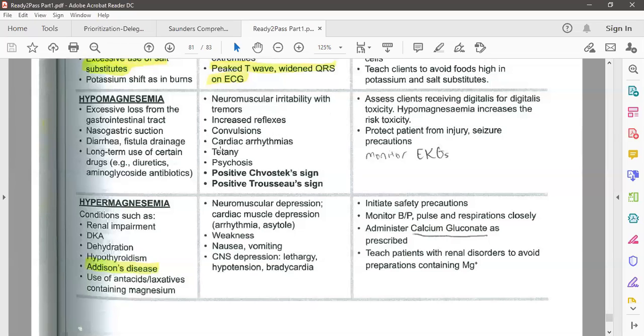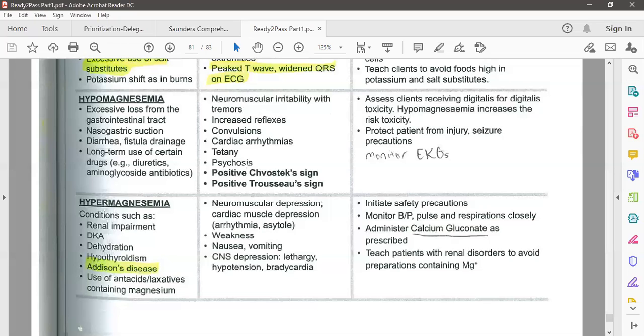Also causes tetany. Hypocalcemia also causes tetany. Tetany is the involuntary movement of muscle, right? The seizure is also an involuntary movement of muscle. So in those cases, we have to take care of the patient, very important.